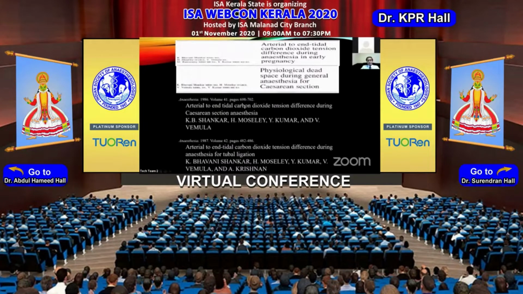And we did a couple of studies way back in 1986 and 87, where we measured the arterial to end tidal CO2 difference during cesarean sections and found this difference to be 0 to 1 millimeter. And this is of particular value because during cesarean section anesthesia, if you maintain the end tidal CO2 around 32 millimeters, the expected arterial CO2 would be around 32 millimeters.